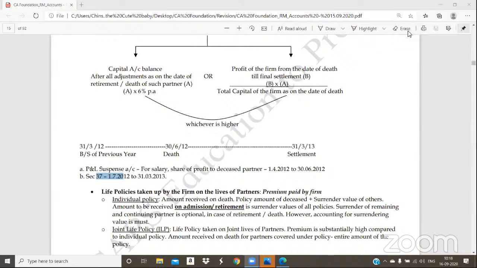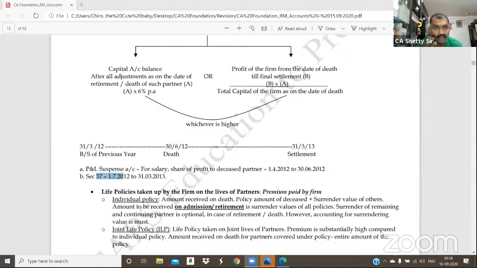Yes, sir. So, life policies are taken up by whom? The firm. Now, there are three partners X, Y, and Z. The firm says, I will take 60 lakh on X, 30 lakh on Y, Z nothing. Whatever they agree, that's their agreement. Individual policy. Joint life policy means what? On the joint lives of both the partners. In both the cases, two RMRs.